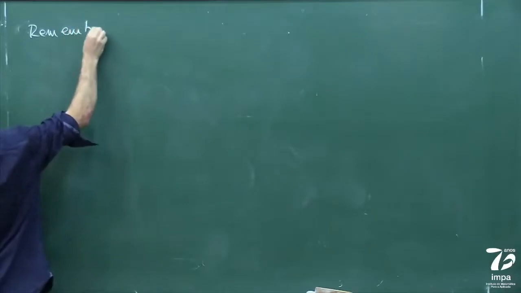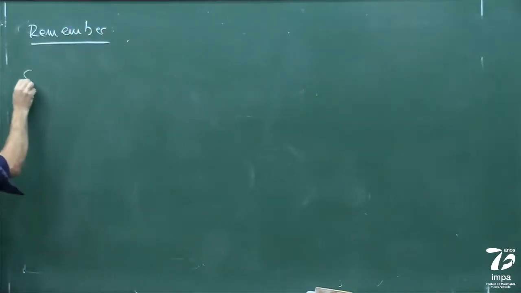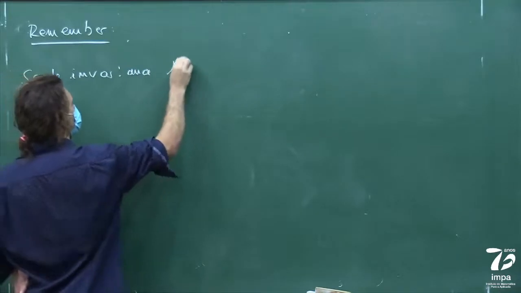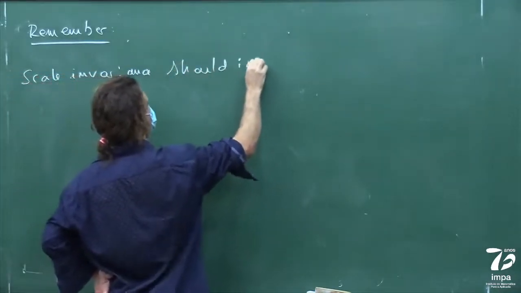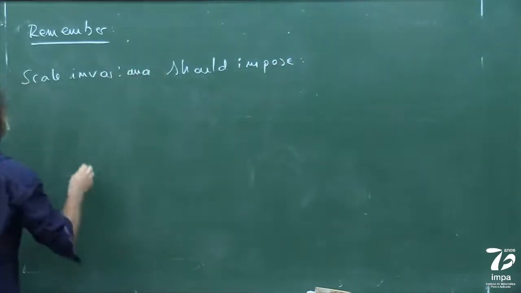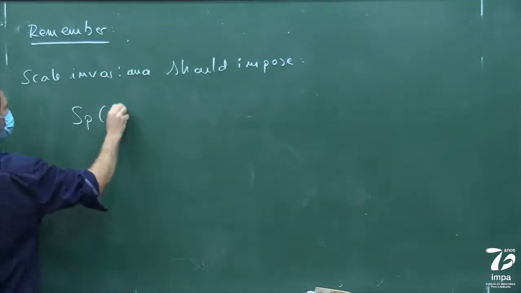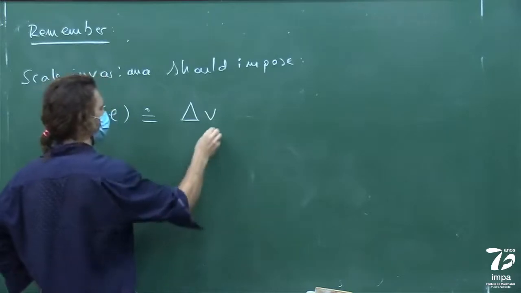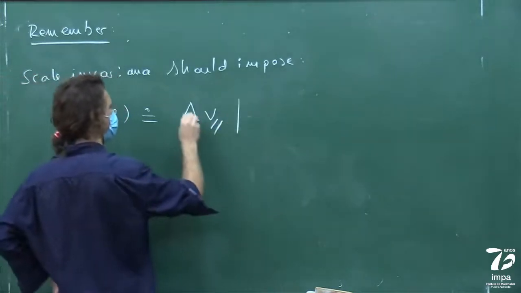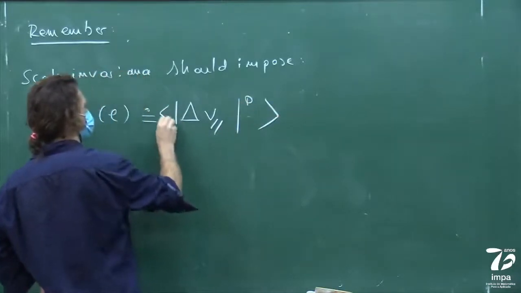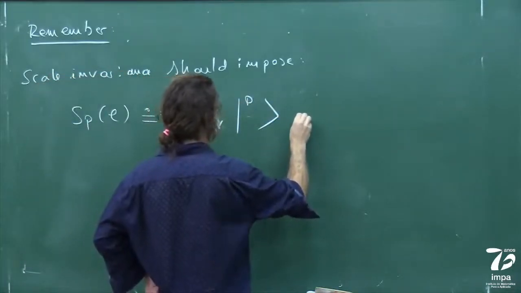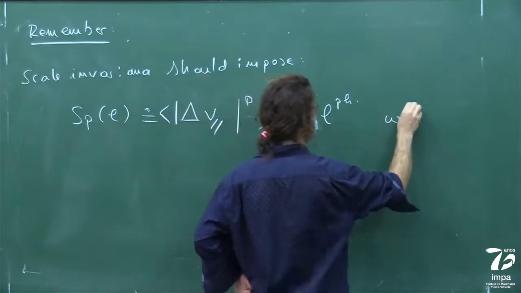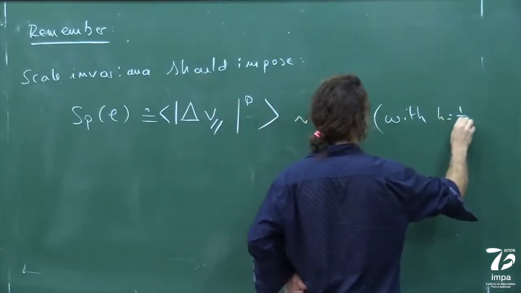Remember, scale invariance should impose that the structure function SP of L, which is defined as, for example, the velocity parallel to a certain power P, should scale as L to the power P H, H presumably 1/3.